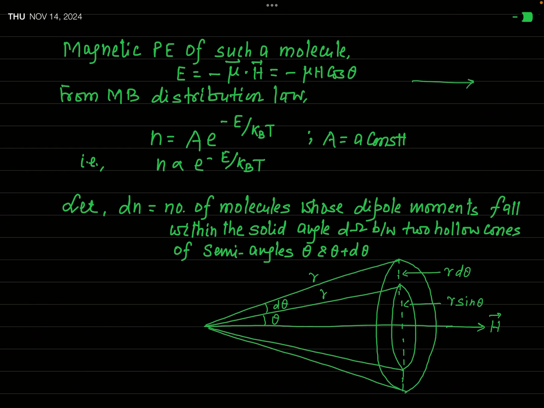If this is the magnetizing field and this is your magnetic dipole having magnetic dipole moment mu, and theta is the angle between them, then you have definitely studied in your lower classes on magnetism that the interaction energy, or the magnetic potential energy developed in the dipole, is given by E equal to minus mu dot H. This is a well-known formula for the magnetic potential energy. And since theta is the angle between mu and H, this will be simply minus mu H cos theta.